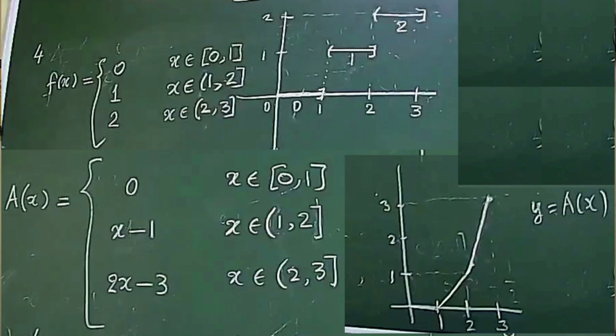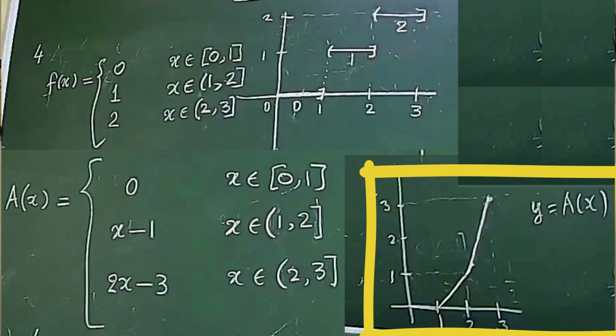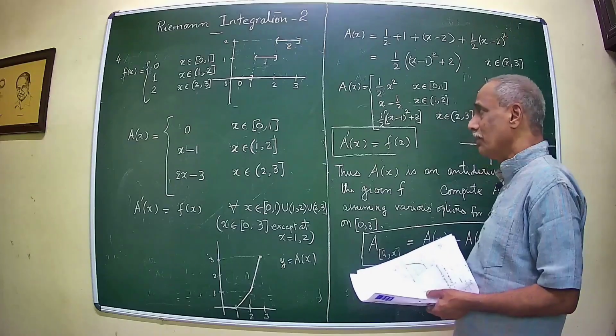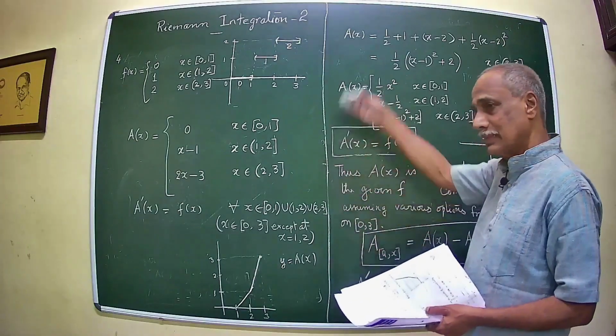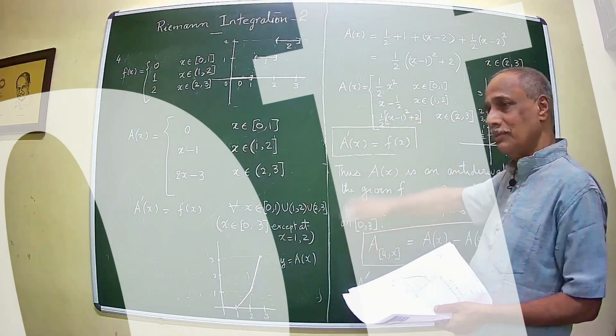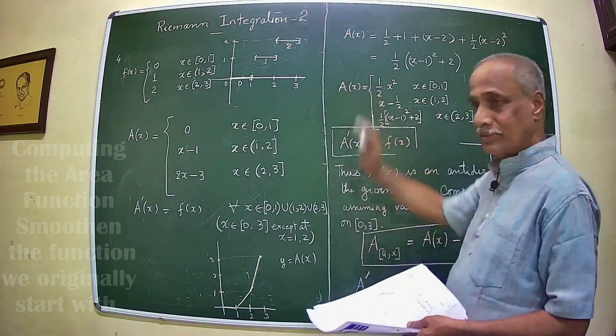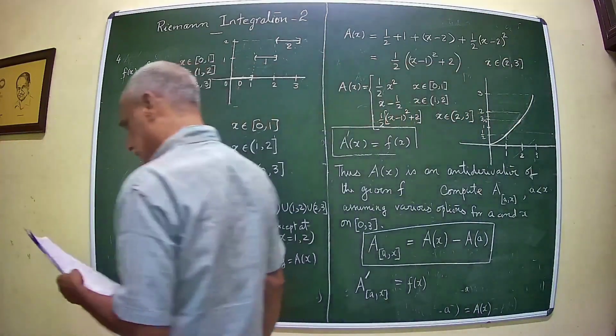Therefore, one more inference that you make is that when you go to calculate the area function, even from a step function, you end up with a continuous function. Or in other words, computing the area function will just smoothen the function more than what we have originally started.